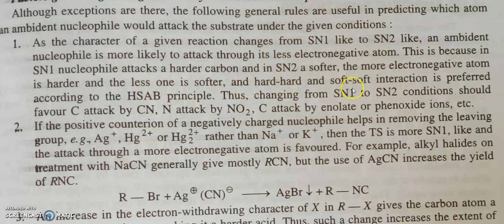The hard and soft interaction is preferred according to the HSAB principle, the hard soft acid base theory. Thus, changing from SN1 to SN2 conditions should favor carbon attack by CN, nitrogen attack by NO2, and carbon attack by enolate or phenoxide ion.